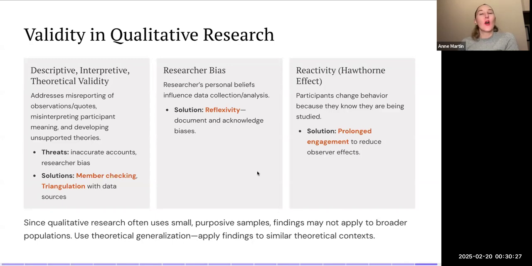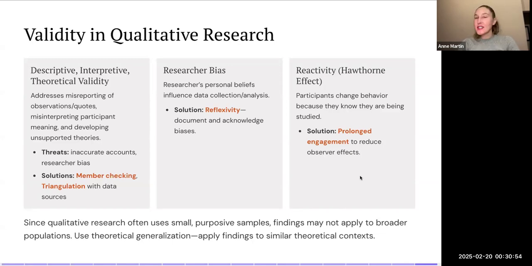And this is when the researcher is reflecting on their positionality and how their positionality is impacting how they're interpreting the results. Then we also have this threat in qualitative research called reactivity, where participants are changing their behavior because they know that they are being observed. And so a method to address this would be prolonged engagement in the field to try to reduce the observer effects.